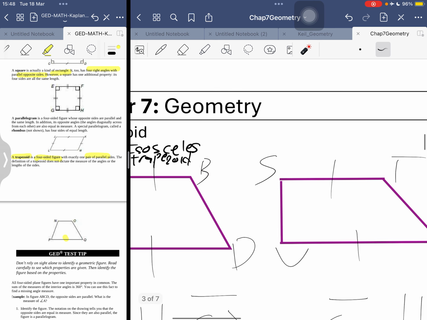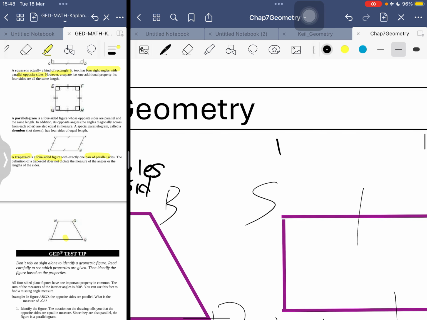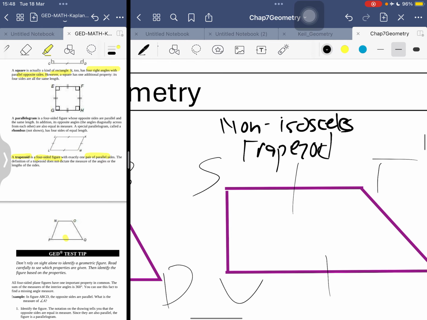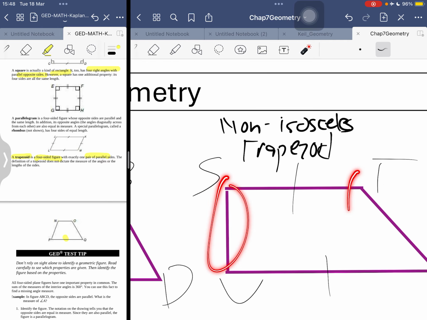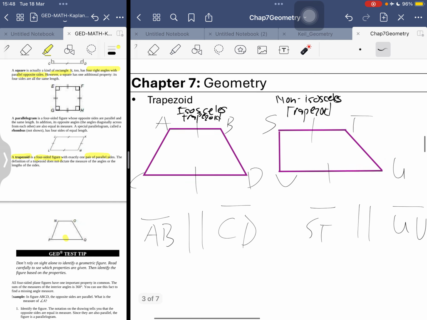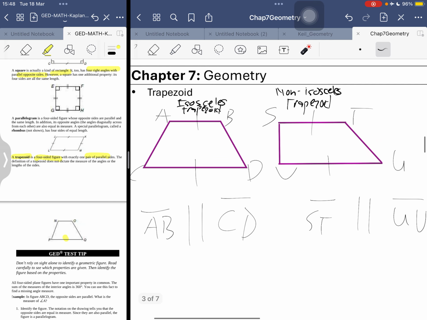Whereas for the non-isosceles trapezoid, I hope you understand my handwriting, the legs are not equal. You see? That's the difference between an isosceles trapezoid and a non-isosceles trapezoid.